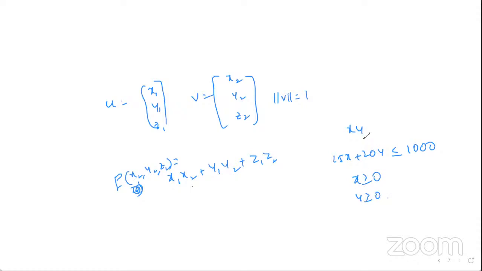Okay. So now what's my objective function? I have 15x plus 20y minus 1000, which is less than or equal to 0. So we should have xy minus lambda into (15x plus 20y minus 1000).